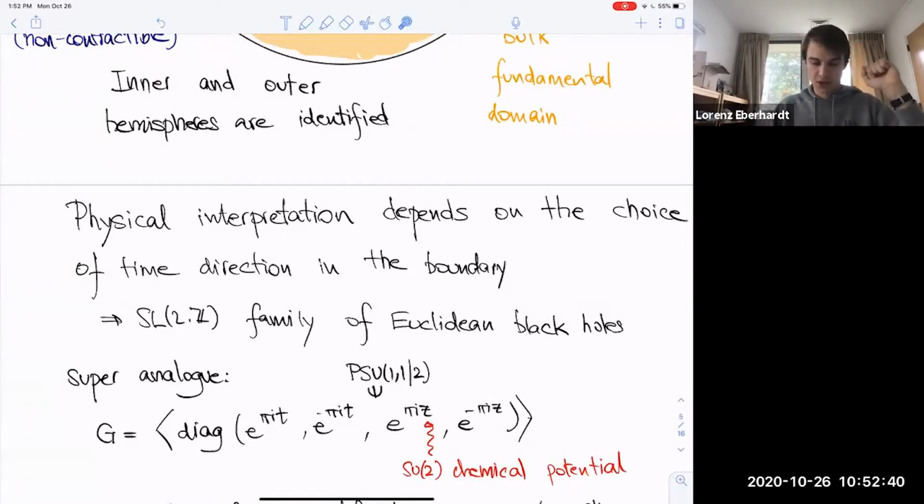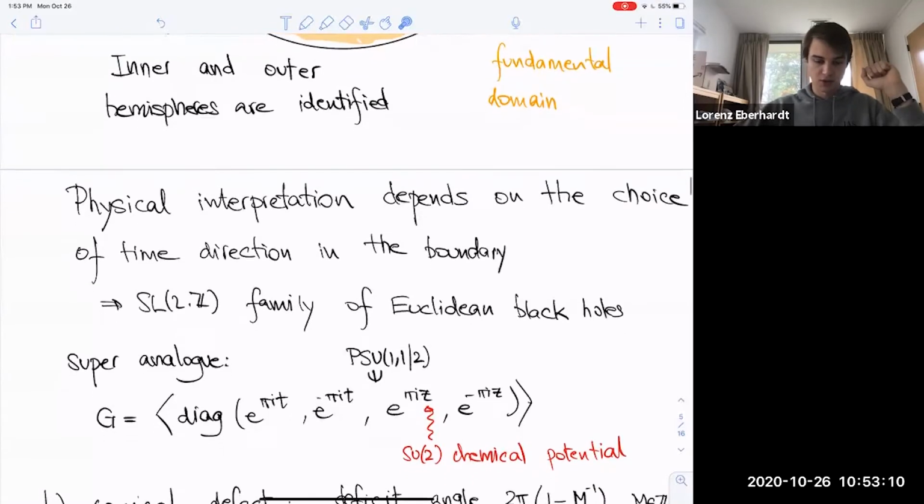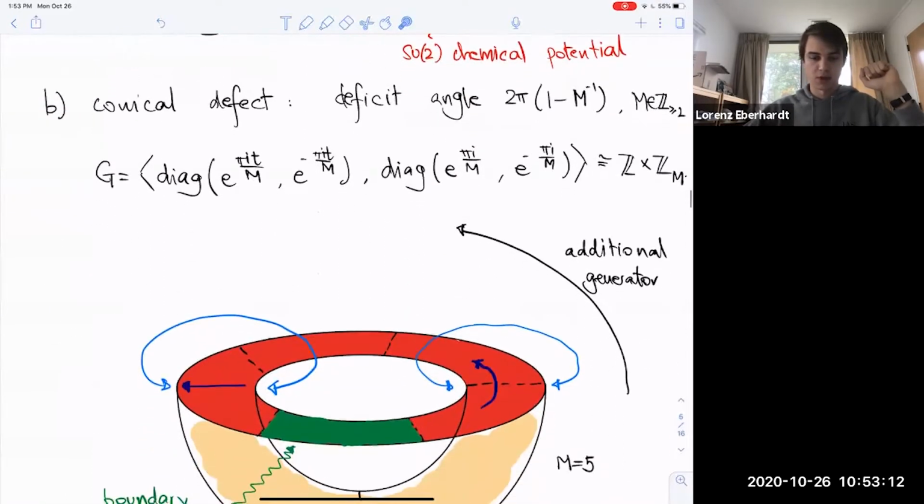And you can still write the orbifold or the quotient group that we're talking about as the integers, generated now by a diagonal matrix in this supergroup. In particular, on the AdS3 part, it acts exactly the same. And on the S3 part, there's an additional matrix. And now this Z that appears, you can interpret as the chemical potential for this SU2. Okay, I hope that reminder was not too crazy.